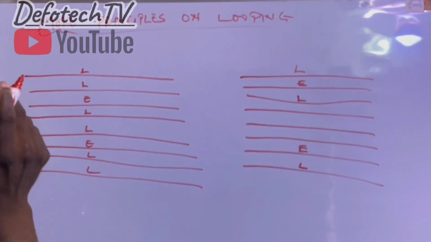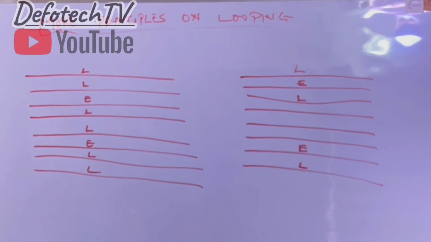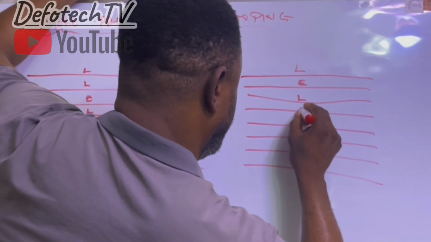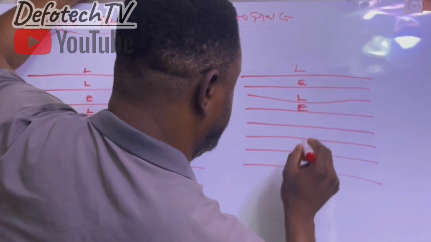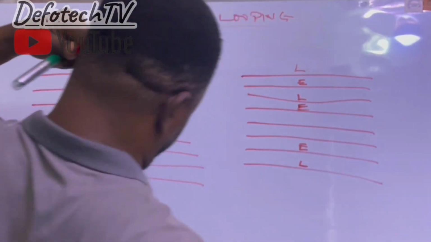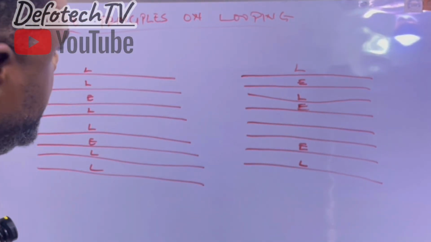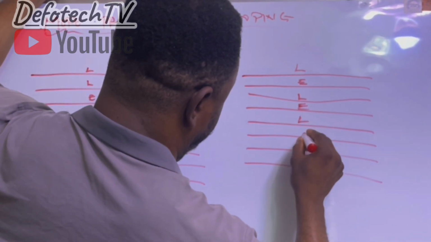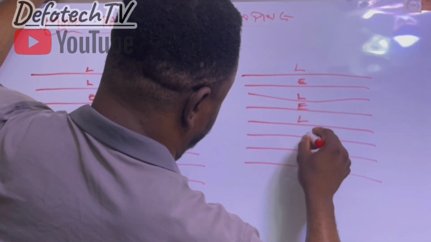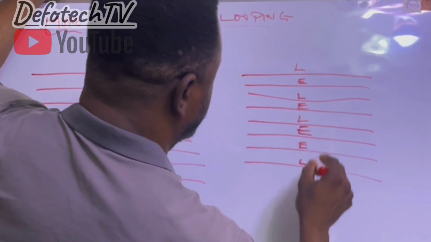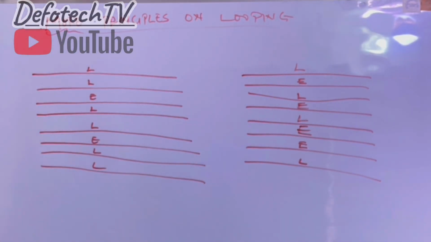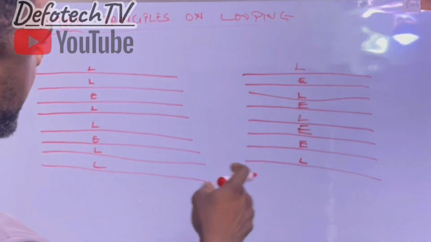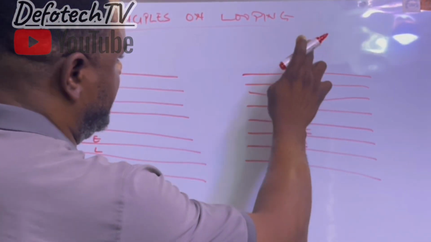Let's say we have live and earth. Can we have something like this? Here we're having earth in 2 places. Live, earth, live.